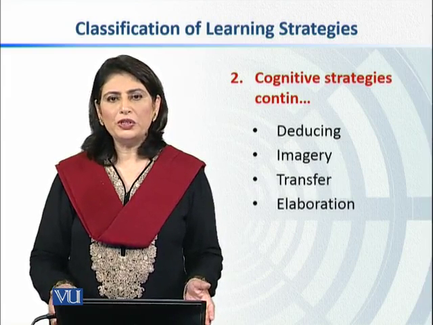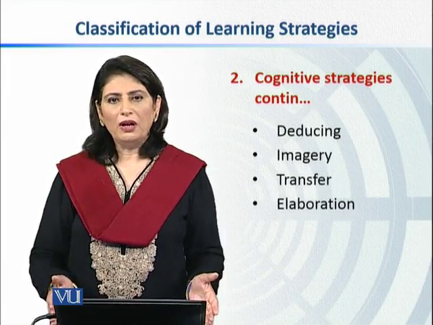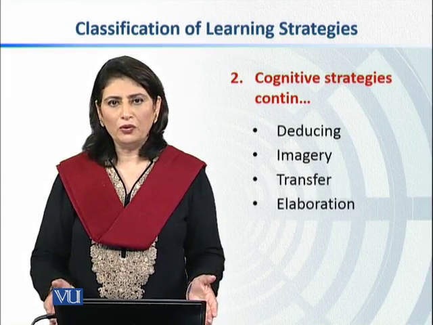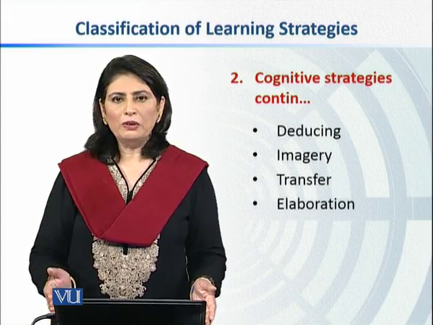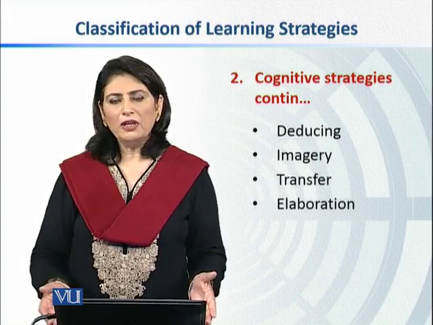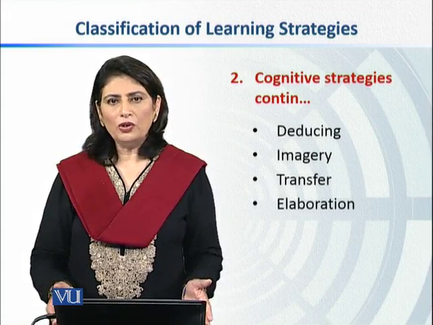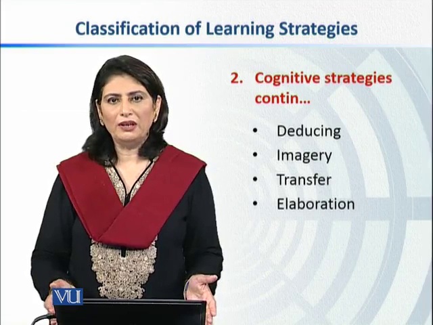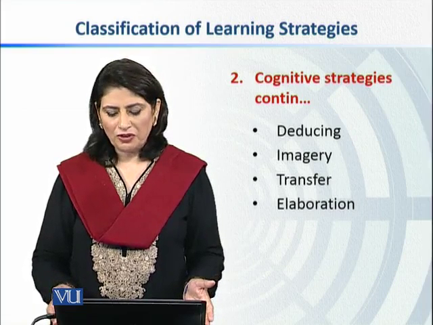They will try to deduce or come up with some sort of underlying rule, whether that rule matches with the real rules that you have taught, or whether it is their own rule, but somehow they try to organize the information in their mind with some abstract rules.